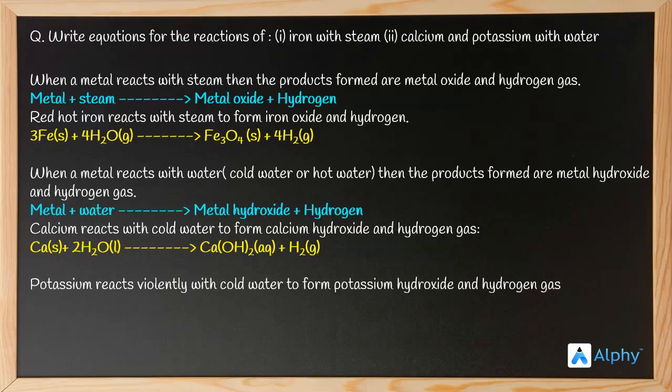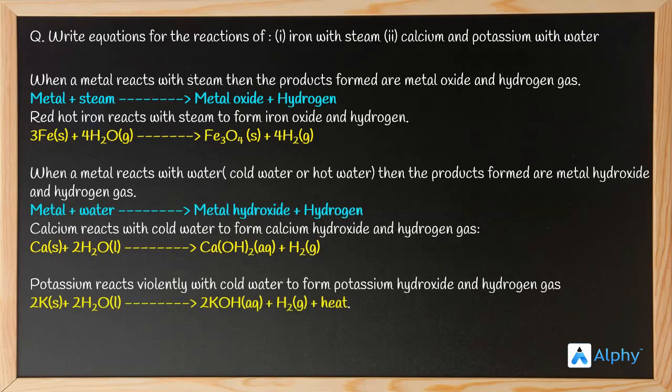This is how you observe trends in different metals, and this will help you build the reactivity series. Whatever we are learning in all the modules is just for building the reactivity series. Back to the question: we have to write the equation for potassium plus water. Here's the reaction: 2K plus 2H2O forming 2KOH plus H2 plus heat.